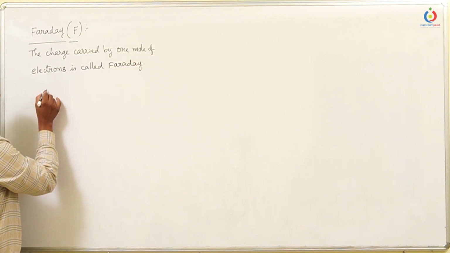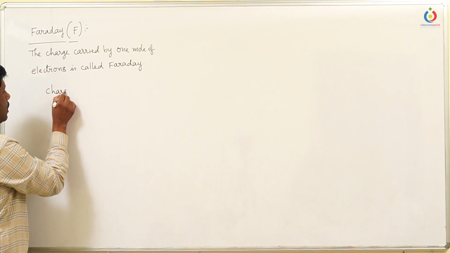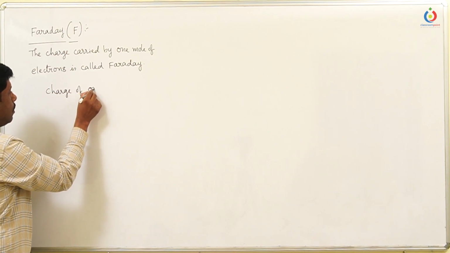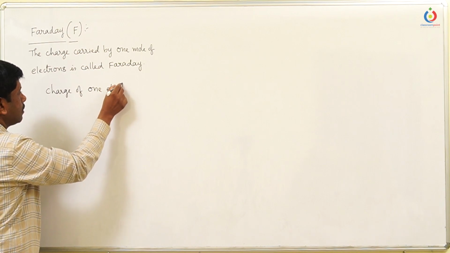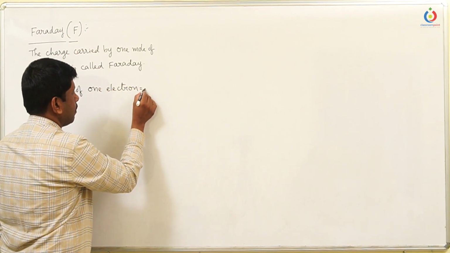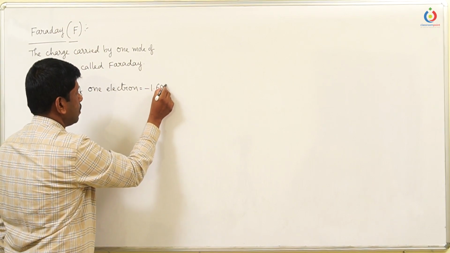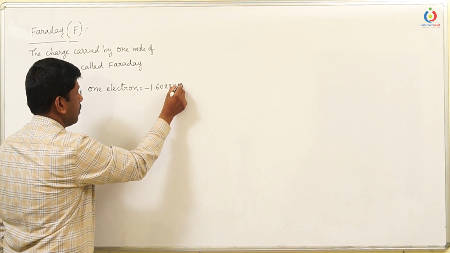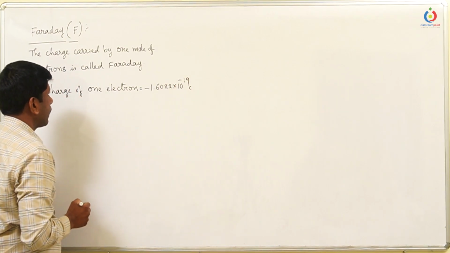So let us see here. The charge of one electron is equal to minus 1.6022 into 10 power minus 19 coulombs.